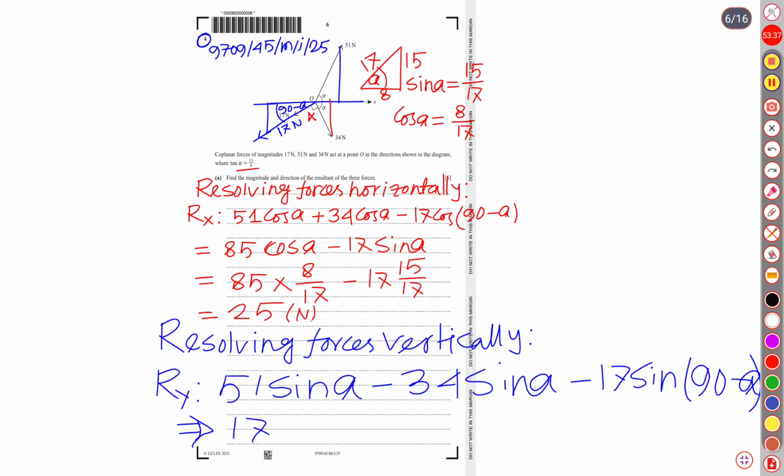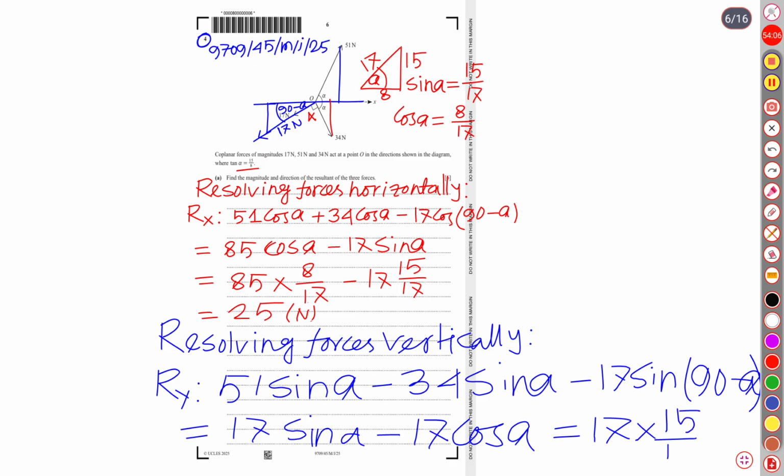17 sine alpha minus 17 sine(90 minus alpha), which is actually 17 cos alpha. So it is finally going to be equal to 17 sine alpha. Sine alpha stands for how much?